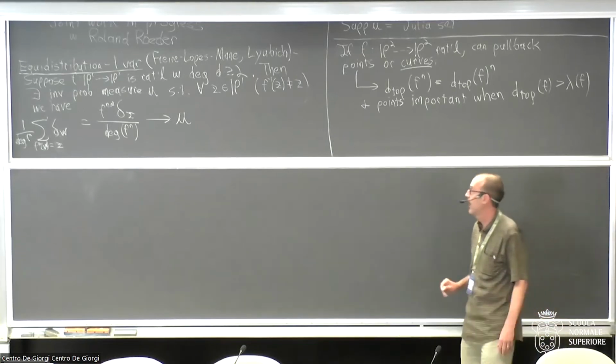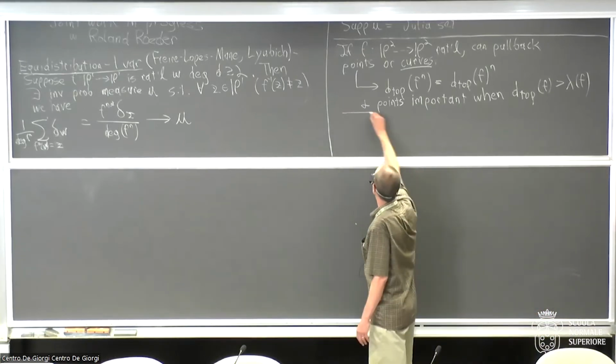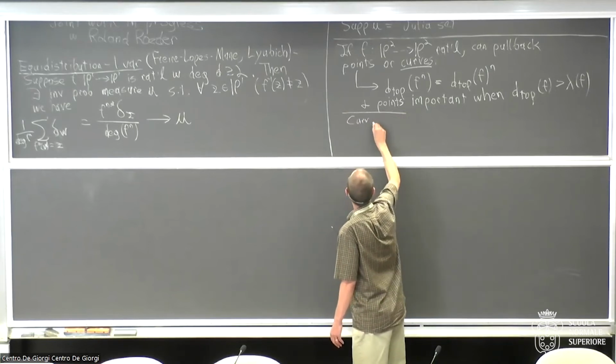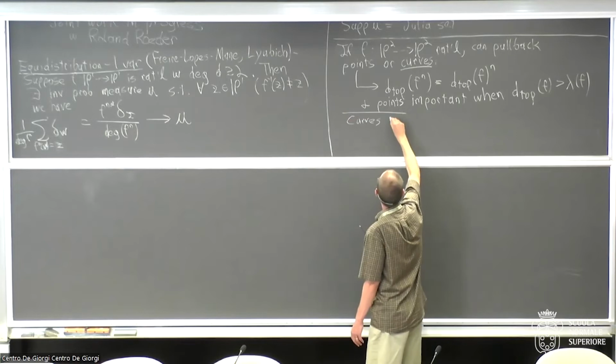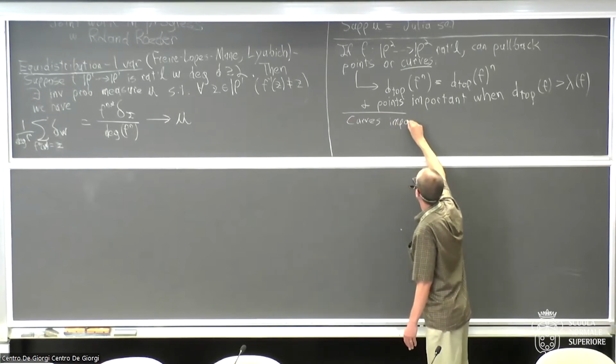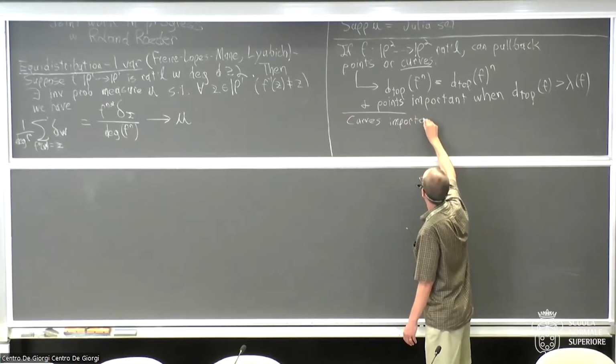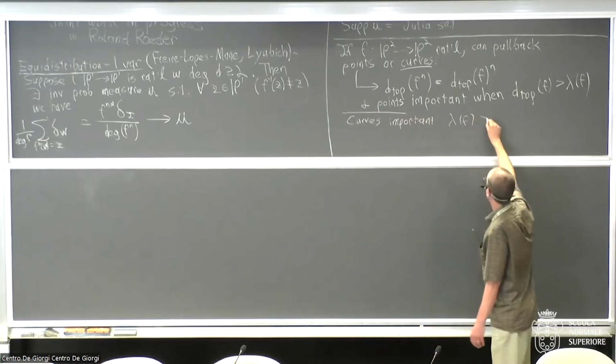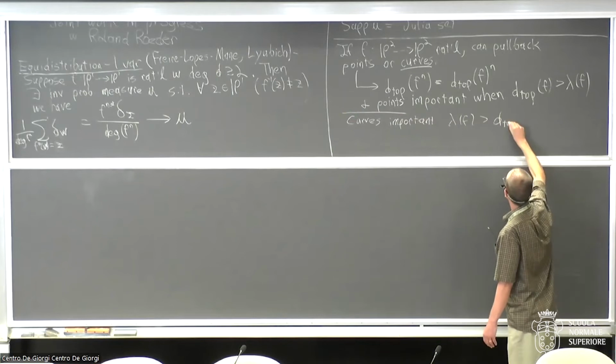So curves have virtues too. In fact, they're interesting in all cases, preimages of curves, but they're more important when the other degree, which I have not yet defined, is the larger one.